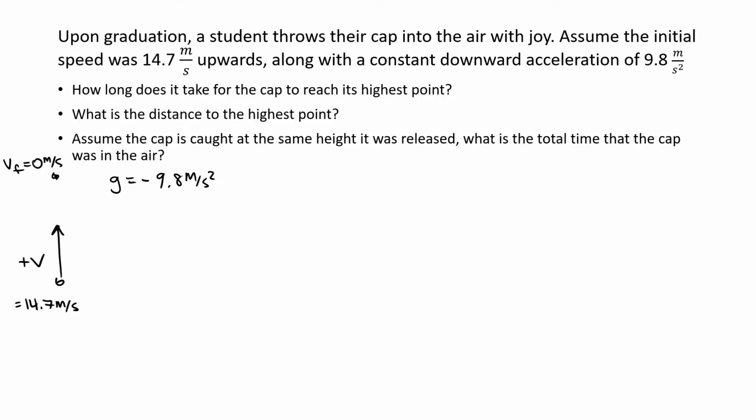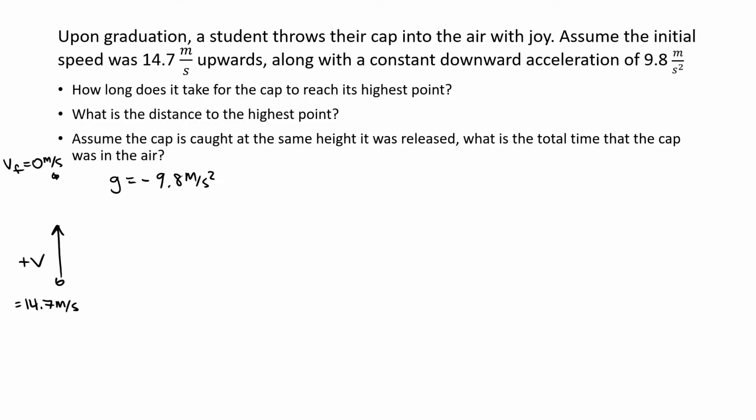So it's the same exact thing. Starting out, we just look at what we want to find. First one, how long does it take? So we want to find time, and we have 3 variables.